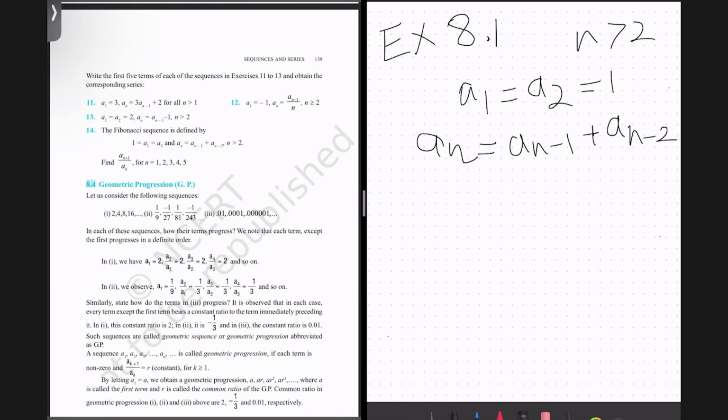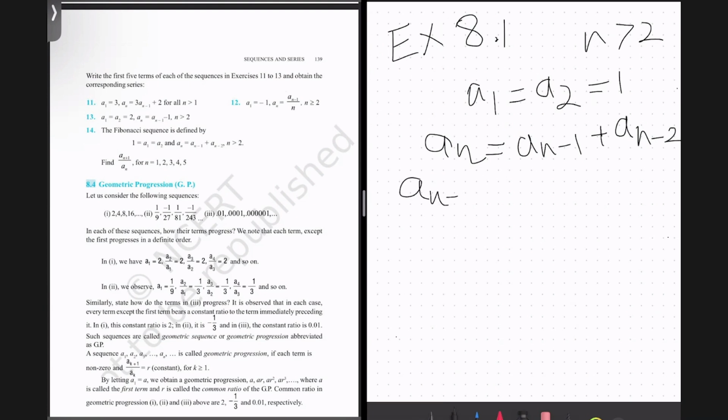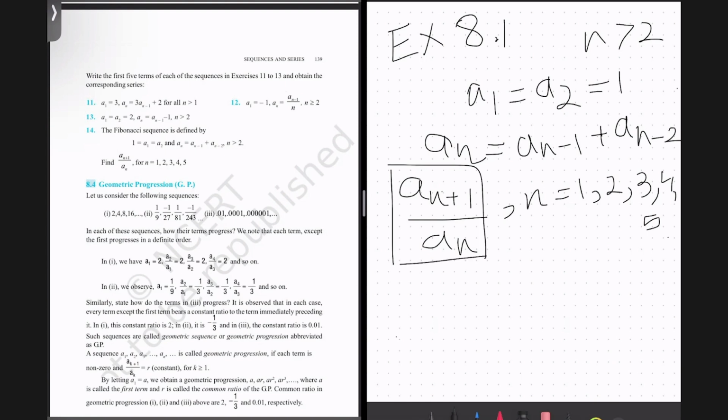Correct. We need to find the value of a of n plus 1 upon a of n for n equals 1, 2, 3, 4, and 5. Right. So this is what we are required to do.